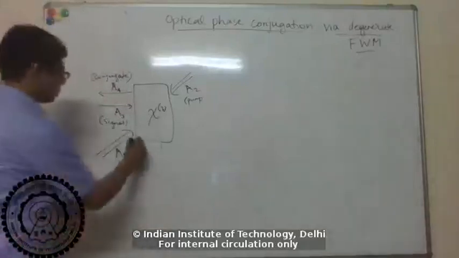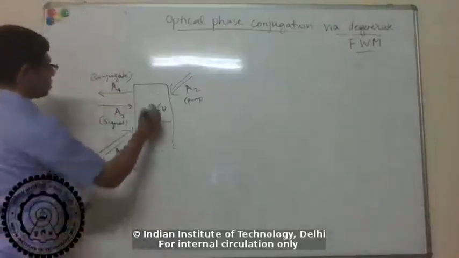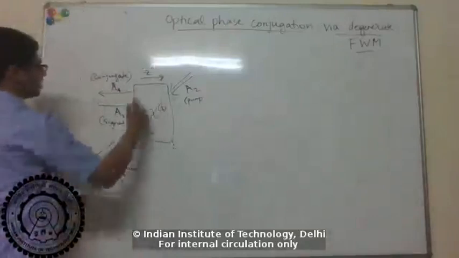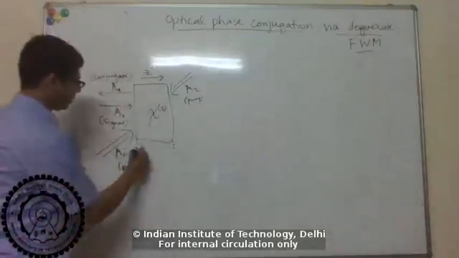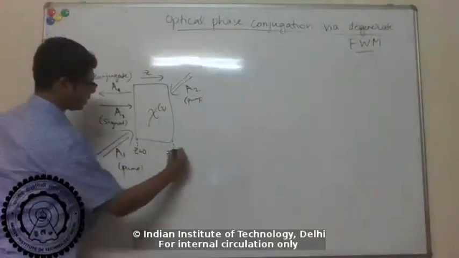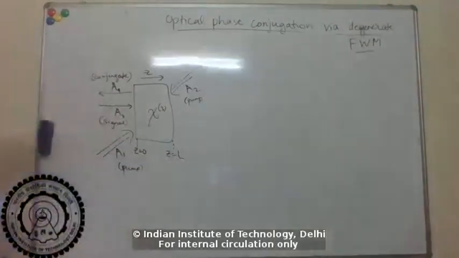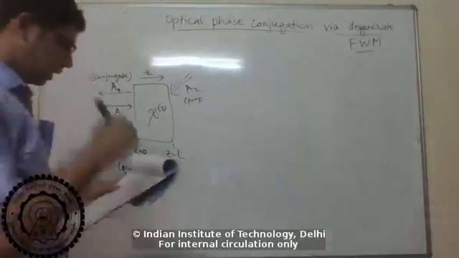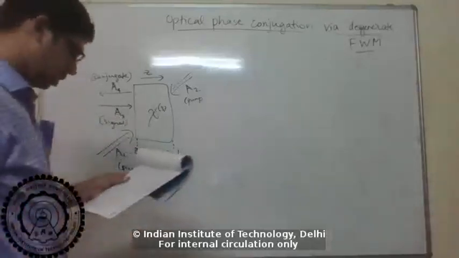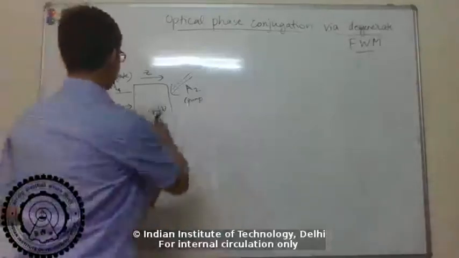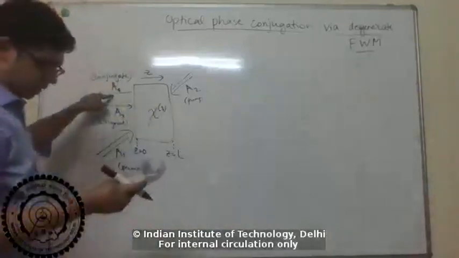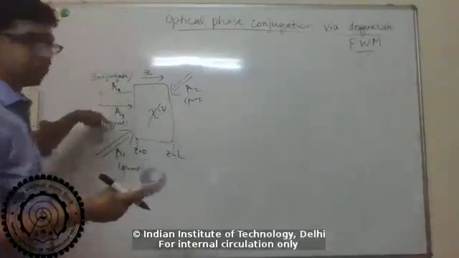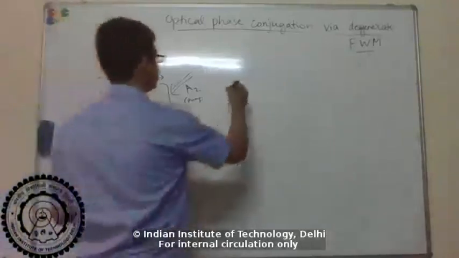Because the direction of propagation of the signal and conjugate is the z direction, let's say the medium extends from 0 to L. And last time we had gotten so far as to find the general solutions for A4 and A3.